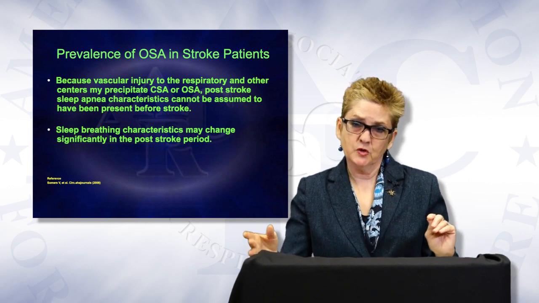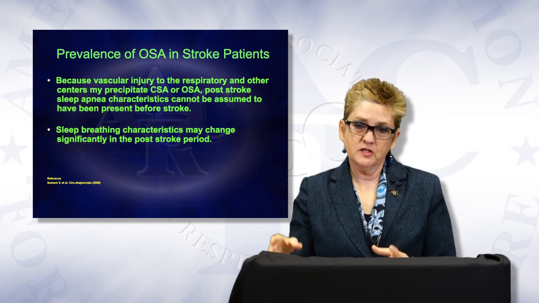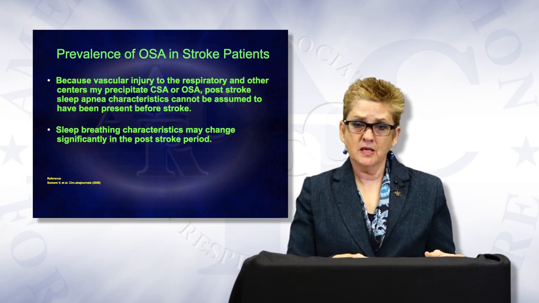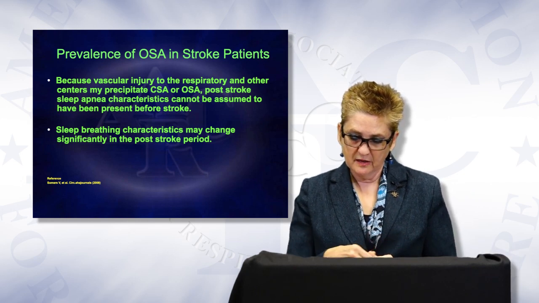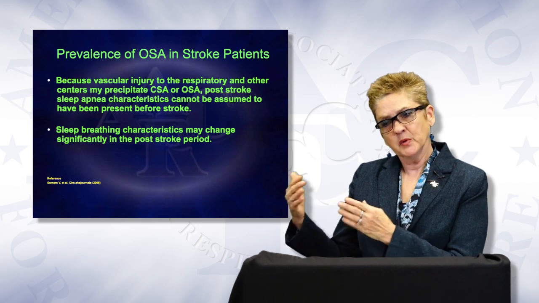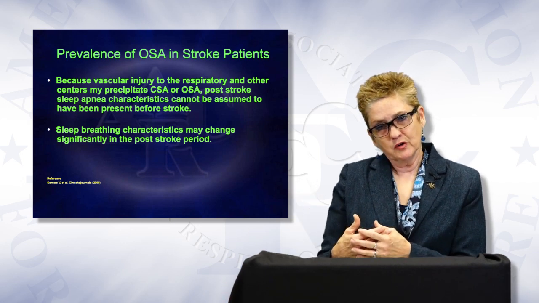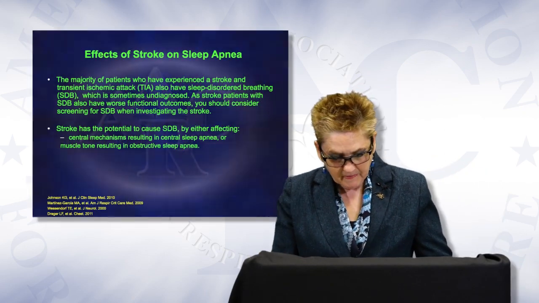So we can't assume either or. We need to make sure that we're treating the patient effectively to maintain their airway so that we can get them through the post-stroke stage. And your breathing characteristics can change individually after a stroke because of where the stroke occurred. So again, we need to monitor those patients.